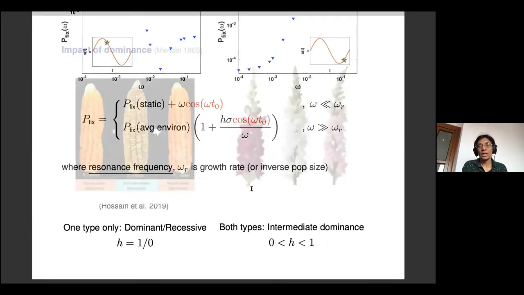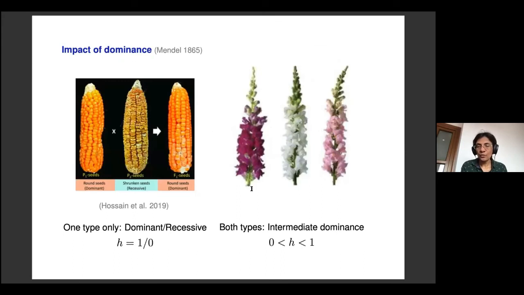Now, so far I described only the dependence on frequency and on the arrival time, but from a biologist's point of view, there's one more important factor, which is called dominance. I'll just very briefly say something about that. Let me remind you first, what is dominance? Again, you remember it from your school, in Mendel's experiments.